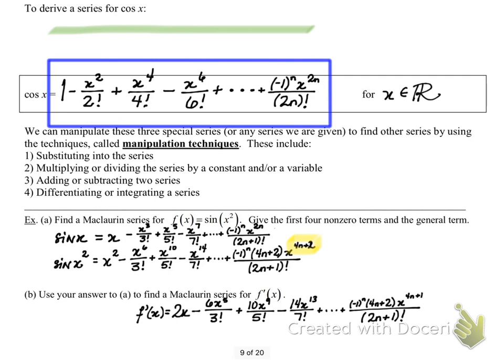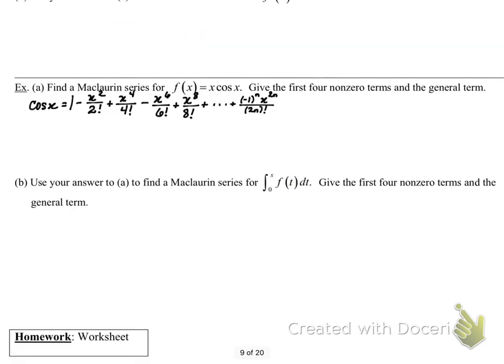Then I will integrate it, which you would have had to integrate by parts in order to do x cosine x, but now you can use a Maclaurin series. So we're just going to take our cosine x series and multiply that whole thing by x. So multiply each and every term in that series by x. Easy peasy, pumpkin squeezy.